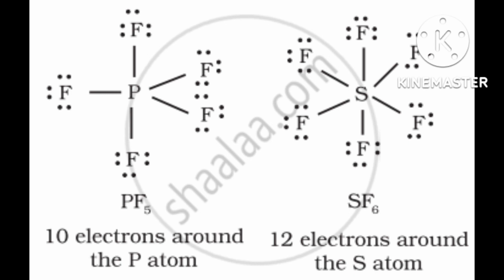Now I want to tell you the drawbacks of the octet theory. 3 drawbacks are there. It is clear that the octet rule is based upon the chemical inertness of noble gases. However, some noble gases, for example xenon and krypton, also combine.